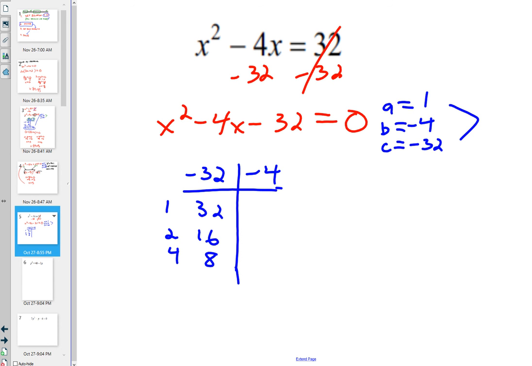I gave you a table where I said when the AC column is negative and the B is negative, how do I adjust the signs of those numbers? It was like a little table on the second page. The smaller one is positive, and the bigger one becomes negative. Then ask yourself, do any of these add up to negative 4? The positive 4 and negative 8.